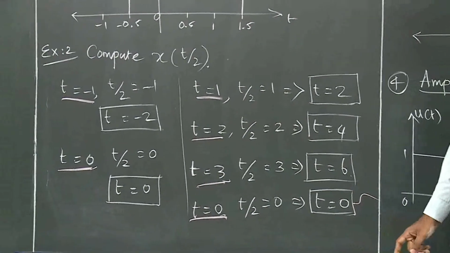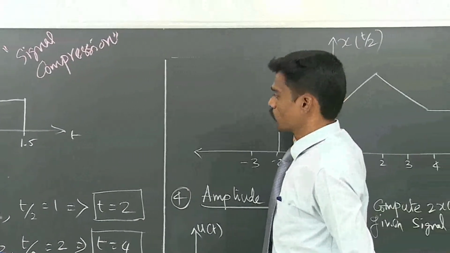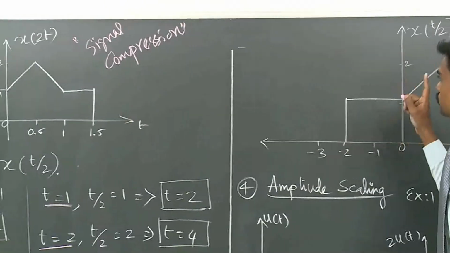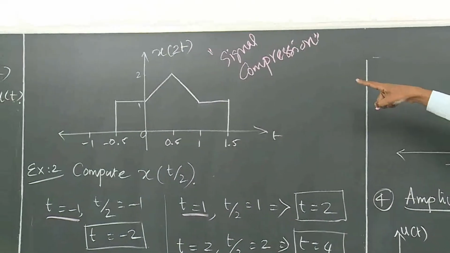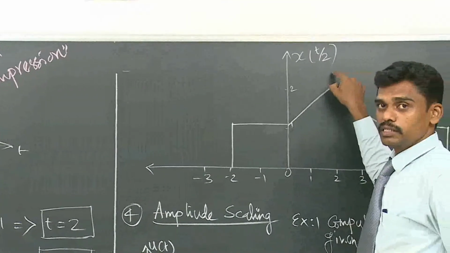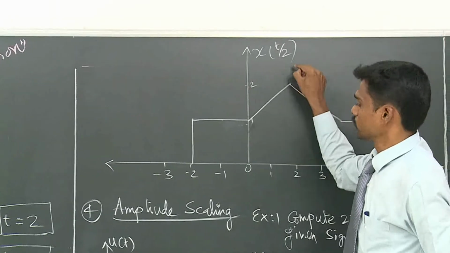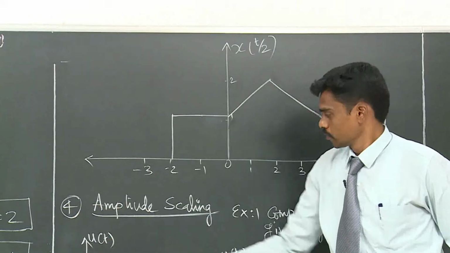Now I attempt to draw the output of the signal. X of t is given. In the first example I drew x of 2t. Now I am going to draw x of t by 2, with the values I have computed already.